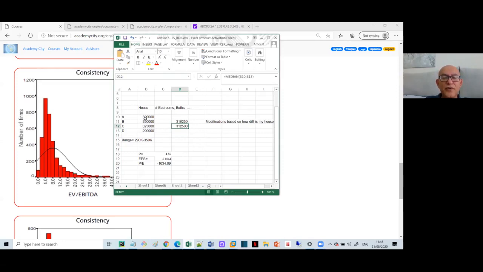Because if I had more comparable companies and they are extremely expensive or extremely cheap, the median would not be affected by it. Same thing with shares. If this value is such a huge negative number, the median will probably be around 20, between 10 to 30. So this one will not be affecting my median.